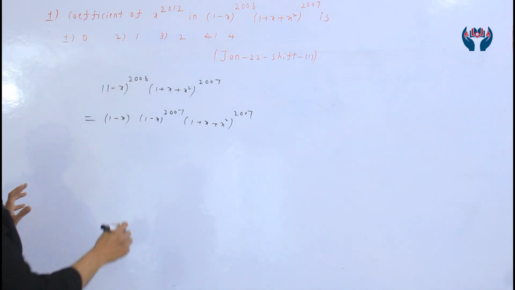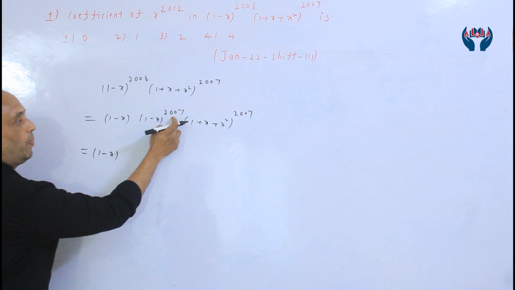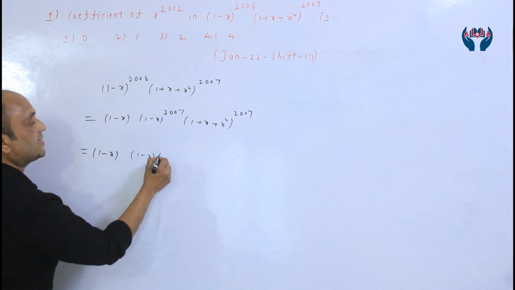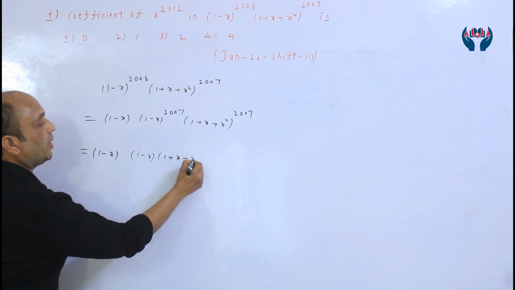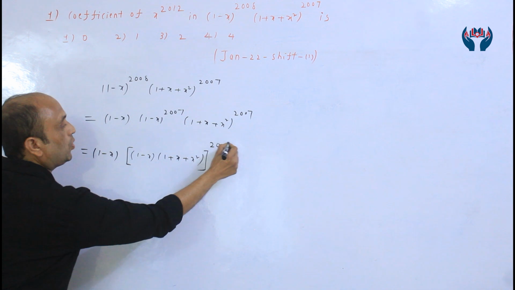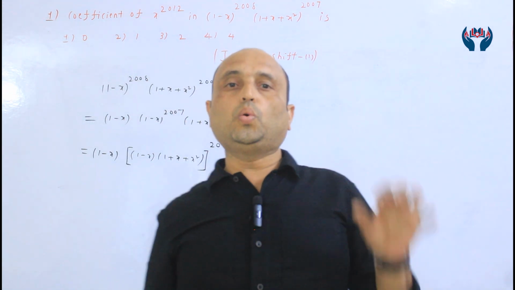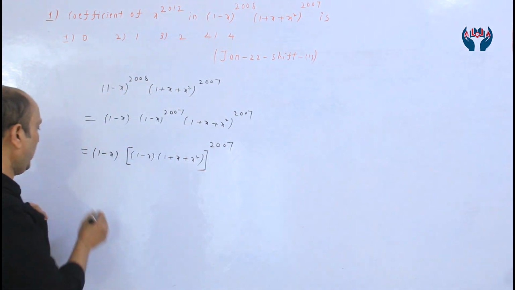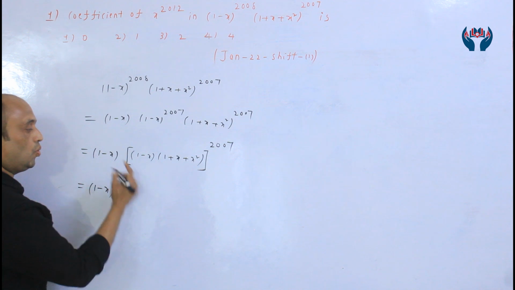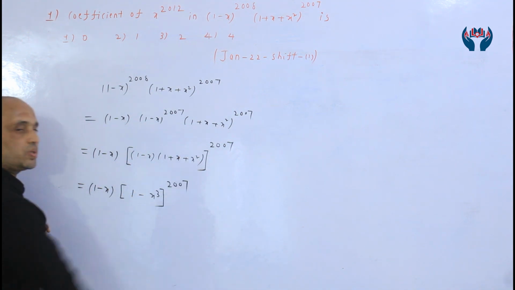Now the powers are the same, so just club the bases: (1 minus x) into (1 plus x square). This is in the form of (a minus b) into (a square plus ab plus b square), which is equal to (1 minus x cube) whole to the power of 2007.